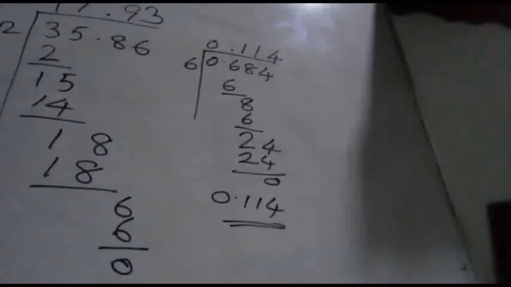Now question number 8. 0.735 is divided by 7. We put decimal point here. 0 is divided by 7. 7 times 0 is 0.